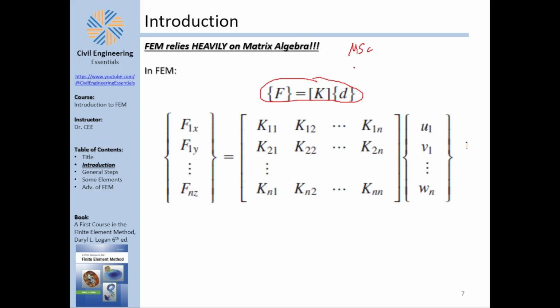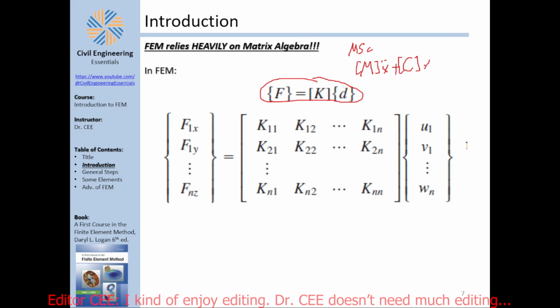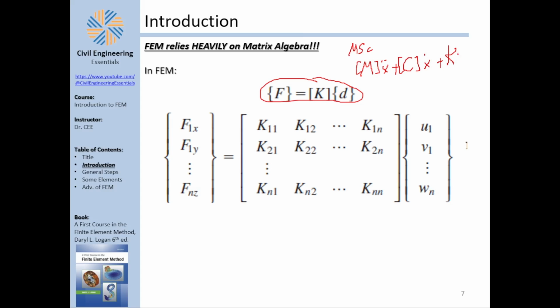They know that the actual dynamic finite element system of equations is actually M, the mass matrix, multiplied by x double dot, which is the acceleration, plus C, which is your damping matrix, multiplied by x dot, which is your velocity, plus capital K, which is your stiffness matrix, multiplied by x, equals the force.